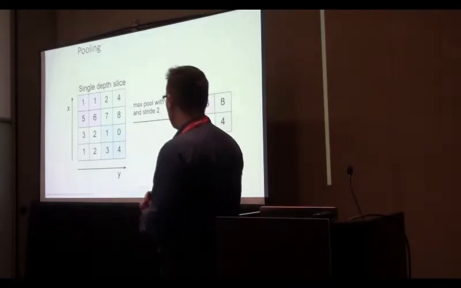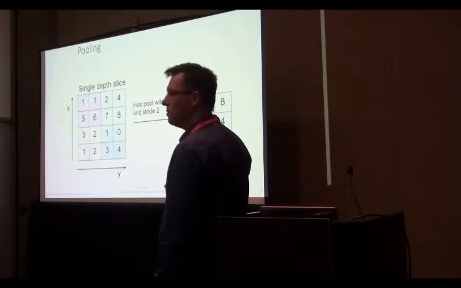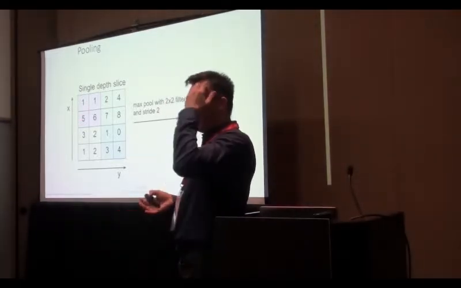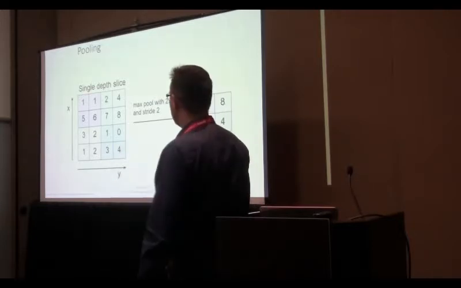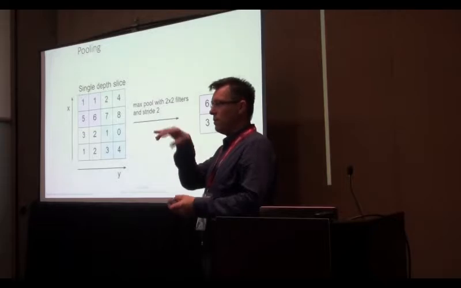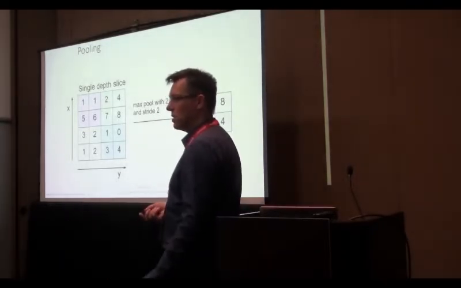But it turns out, for the purposes of the neural network, this works just great. The way we scale it, we take a 2x2 field and we pick the max number. This is called max pooling. The alternative is average pooling, where it takes the average, and that is slower to compute because you have to do additions and divisions. It turns out that max pooling does just fine.